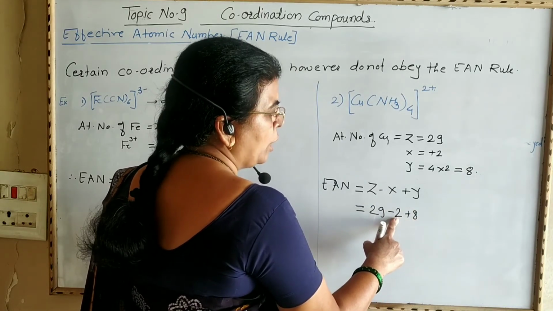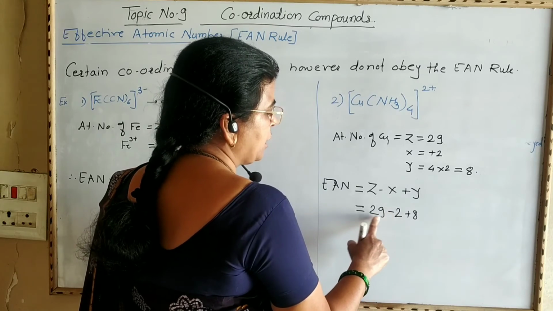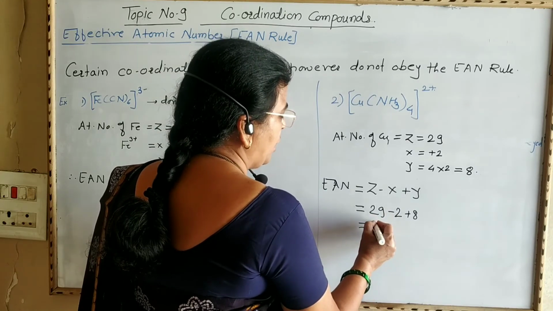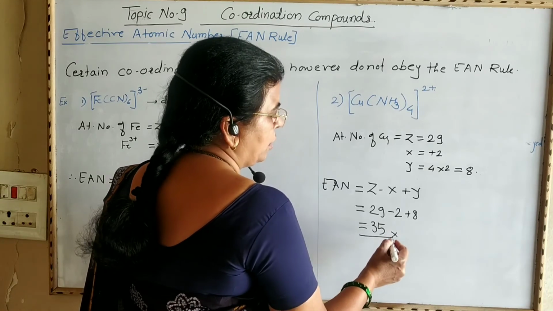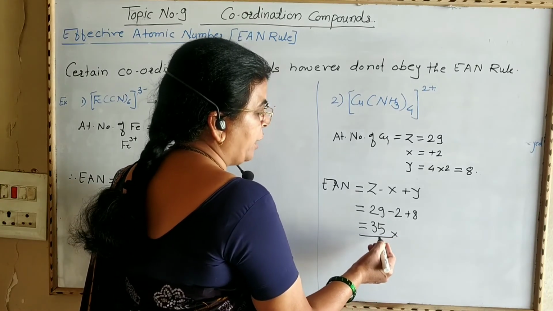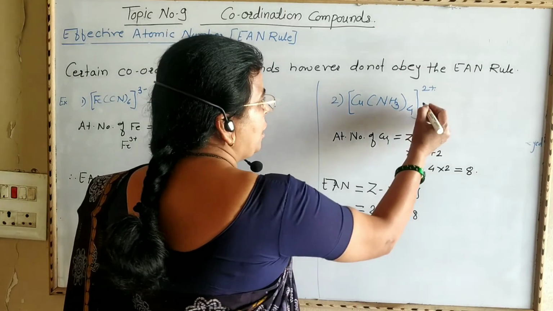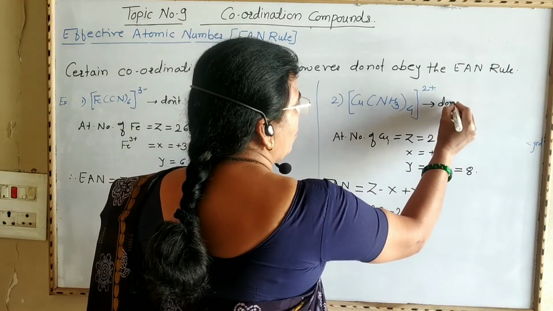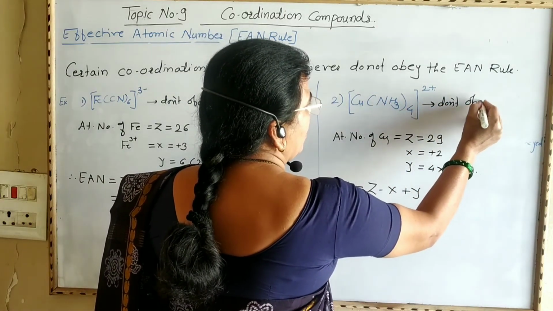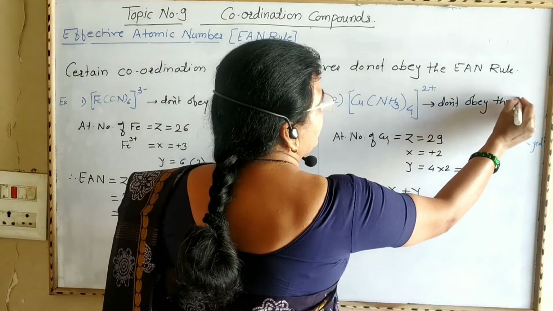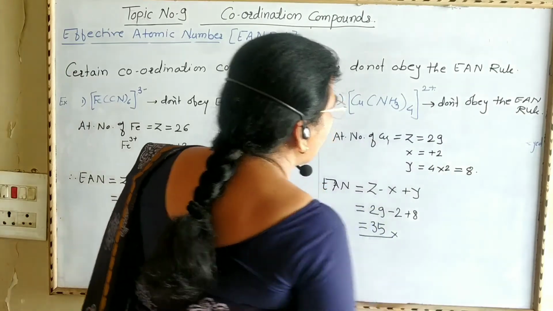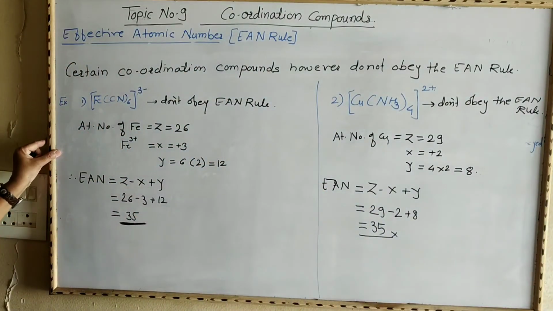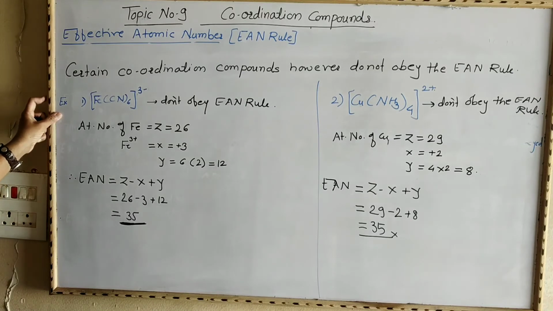Now 8 minus 2 is equal to 6 and 6 plus 29 is equal to 35, and it is also not the atomic number of any noble gas, and therefore this complex does not obey the EN rule. In this way, there are some exceptional cases of coordination compounds which do not obey the EN rule.